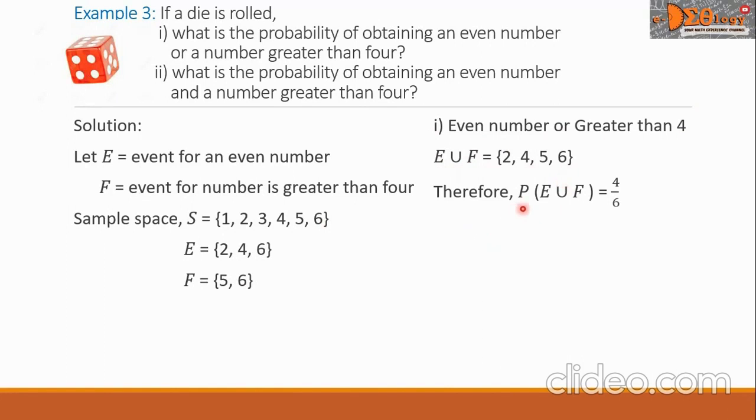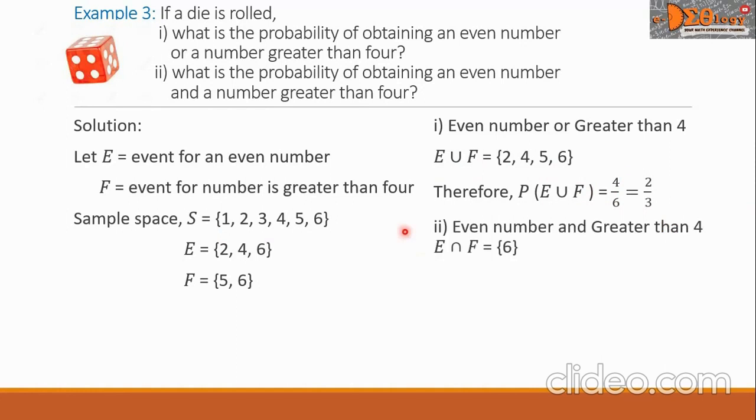Now, for the probability of E union F, this is equal to the fraction 4 over 6. We write here 4 because there are 4 elements in our E union F. We write here 6 because there are 6 elements in the sample space. And then we will simply reduce this to lowest term. So we have 2 over 3.